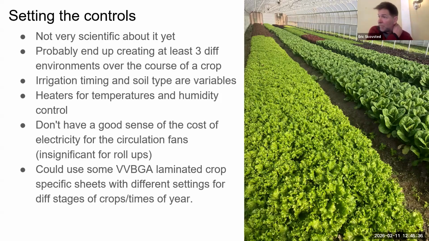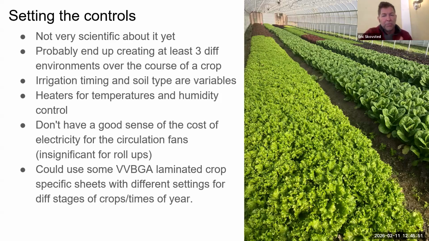So like what time of day you would set your differential setting. There's a lot of complexity with some of these controllers, so you can create different environments even at different times of day.